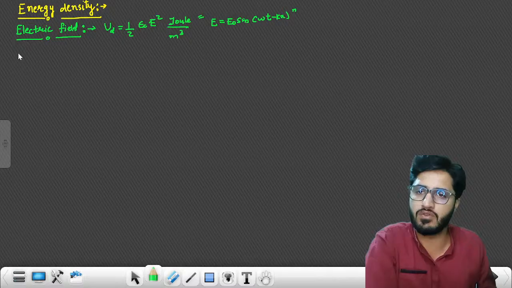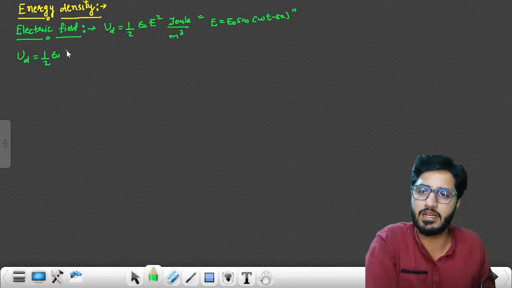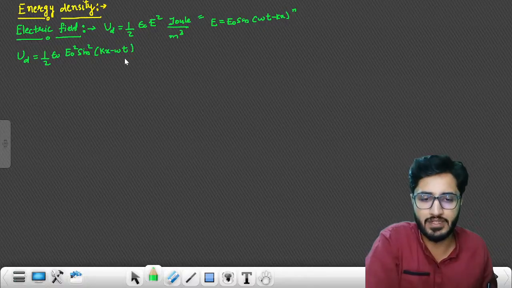Place the value now. So my energy density came out to be 1 by 2 epsilon naught, then E naught square, then I will have sine square of (kx minus omega t), or omega t minus kx.